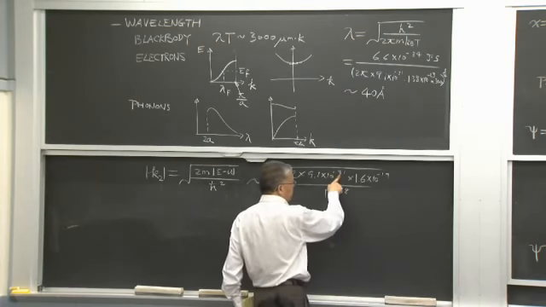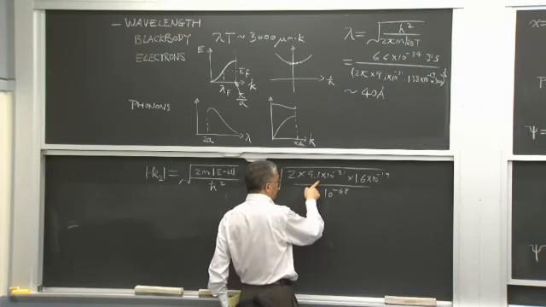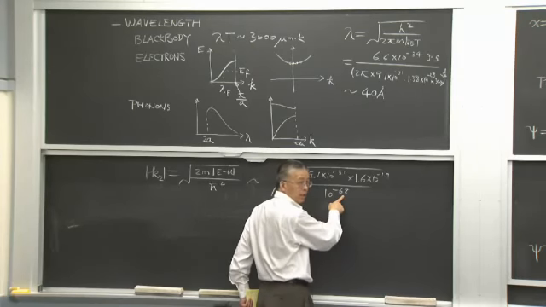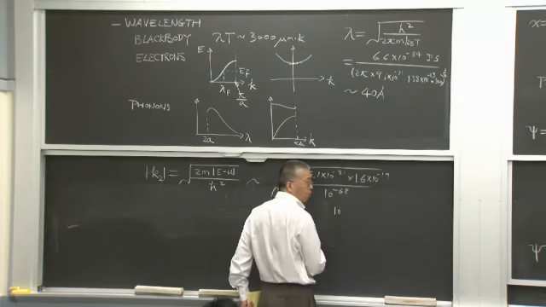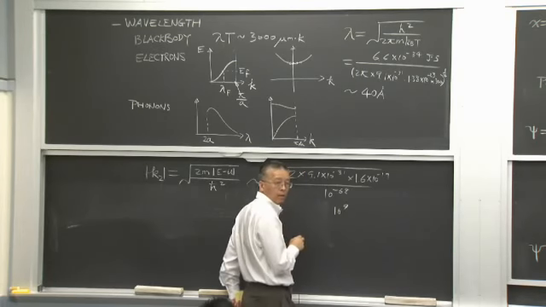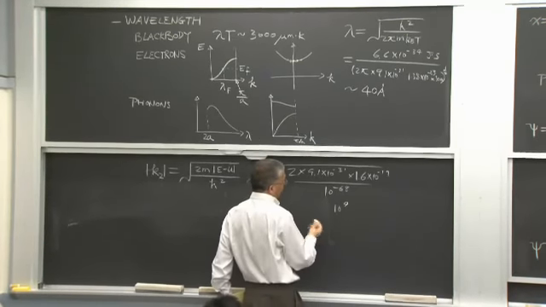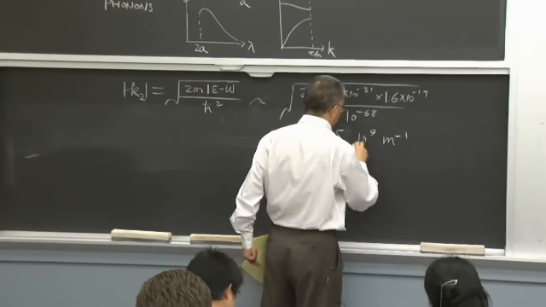So 31 and 19 gives me 50, and this gives me 68, so that's 18. The square root of that is of the order of 10 to the 9, and the rest is okay. Here maybe I have 5. Of the order of 10 to the 10 inverse meter.